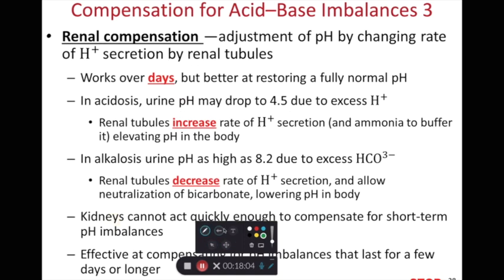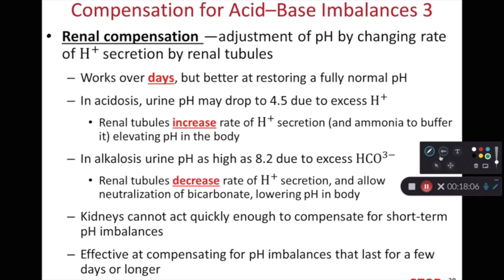As we look at renal compensation mechanisms, these can tend to be a little bit more complicated. We can adjust the pH of our body with our kidneys by changing how many hydrogen ions we secrete into the urine. This is a slower mechanism that works over the course of days, but ultimately it's better because we will eliminate the hydrogen ion from the body, not just bind it to a chemical storage molecule or buffer.